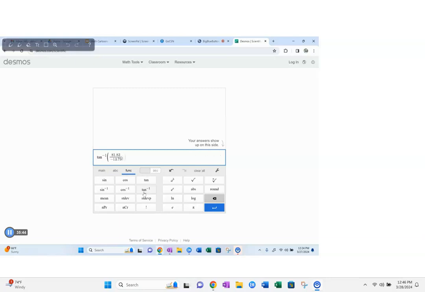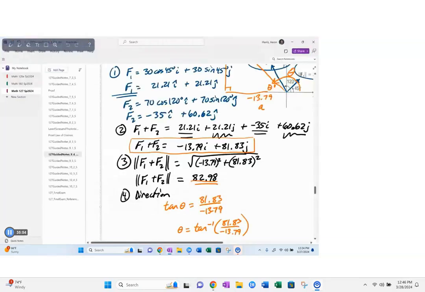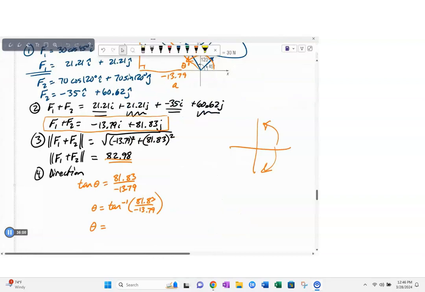There we go. So negative 80.43. So it's giving me this angle, negative 80.43, but we want the one over here.